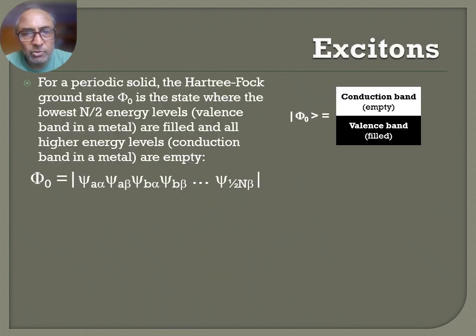For a periodic solid, as we saw in the previous episode, the Hartree-Fock ground state phi 0 is the state where the lowest n by 2 energy levels, that is called the valence band in a metal, are filled, and all the higher energy levels, that is the conduction band, are empty. That is, phi 0 is the single determinant psi_a alpha, psi_a beta, psi_b alpha, psi_b beta, until psi_n/2 alpha, psi_n/2 beta.